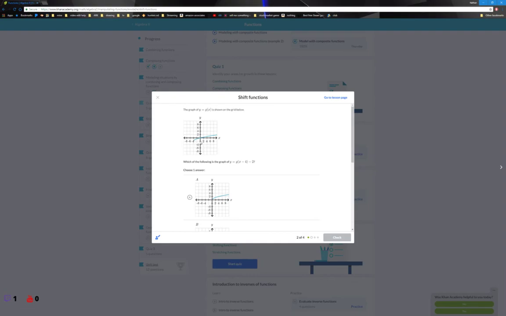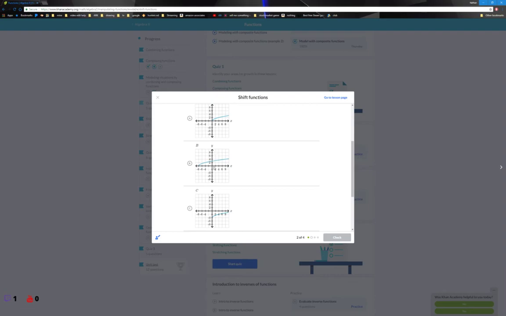So that would land us right on the y-axis. And a negative 2 vertical shift, so we want to go down. So we're on the y-axis, and we're starting on negative 2. So we want to go down to negative 4. So we want our starting point to be 0, negative 4. So here's one that's 0, negative 4.